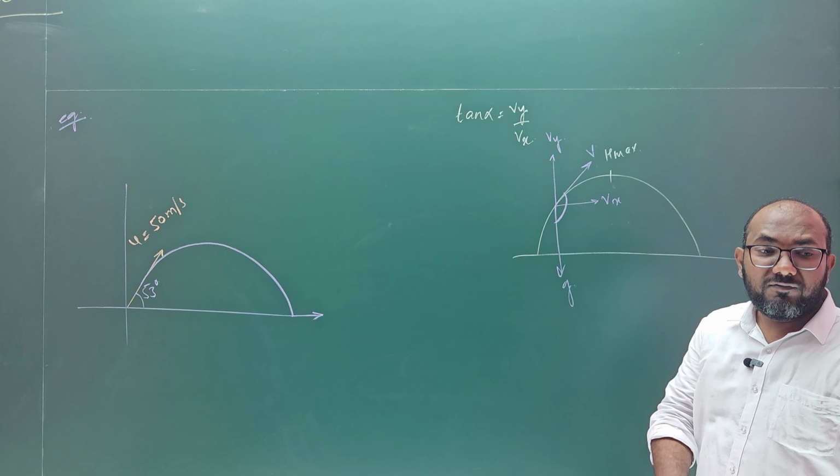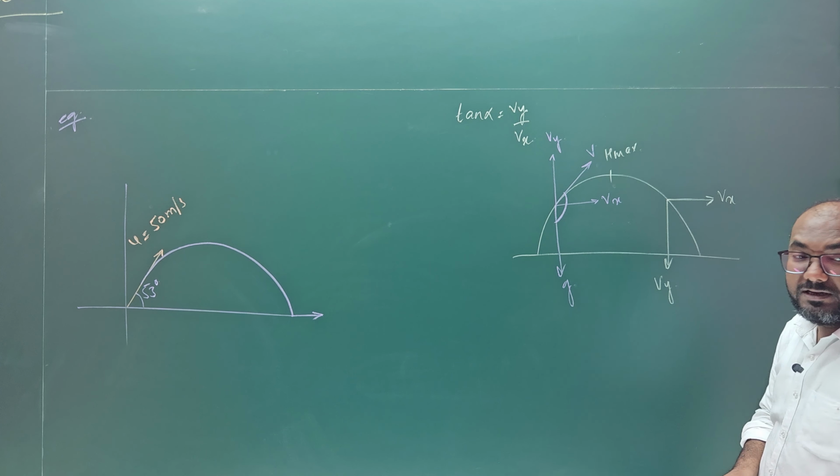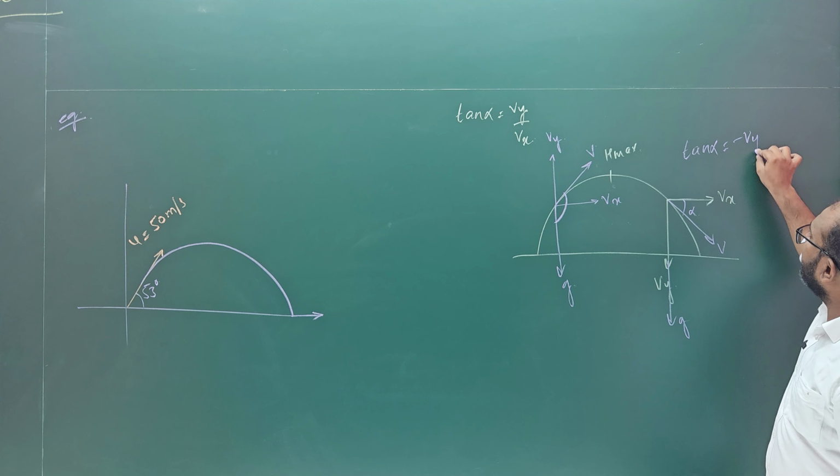So over here at this point, can I say this is the direction of Vx and this is the direction of Vy? And where is the acceleration vector? Acceleration vector is also acting in the downward direction. Yes or no? If I want to write tan alpha here, then this is your instantaneous velocity, then this is your alpha, then over here tan alpha can be written as minus Vy upon Vx.